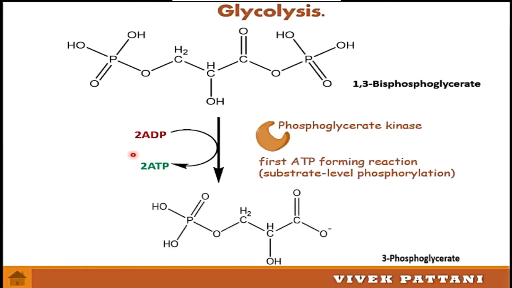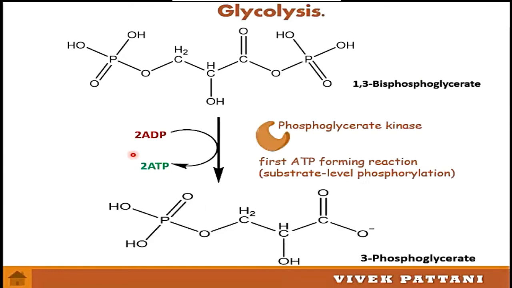Now 1,3-biphosphoglycerate will now be converted into 3-phosphoglycerate. As I discussed a few minutes ago, ATP formation occurs basically by two ways. One of them is substrate level phosphorylation, and another one is the electron transport chain.